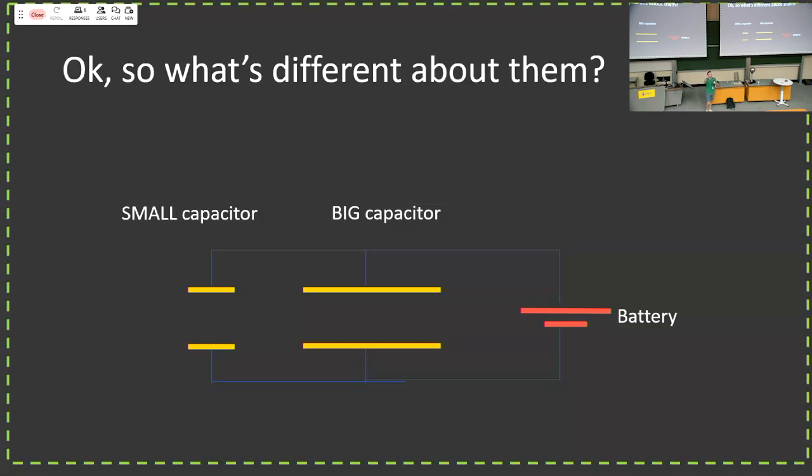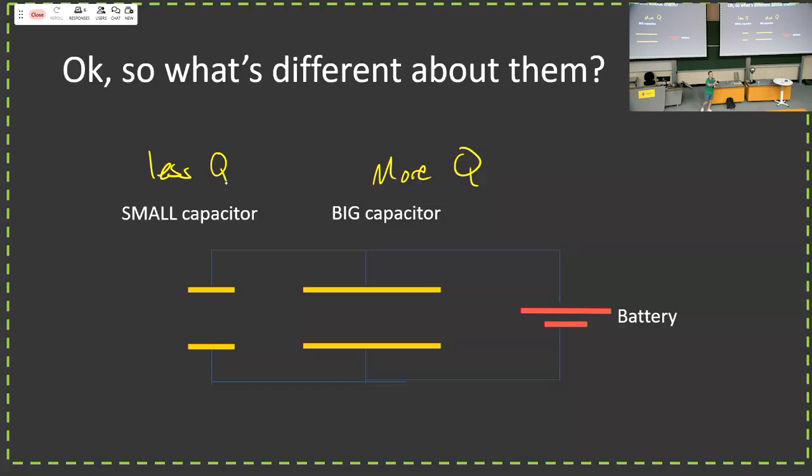So I want you to think, which of these two is going to have more charge on it for the given voltage? The big one or the small one? The big one probably has more charge. Imagine this capacitor has a charge of Q. Cut it in half. It probably has a charge of Q over 2. So the big capacitor has more charge, and the small capacitor has less charge.